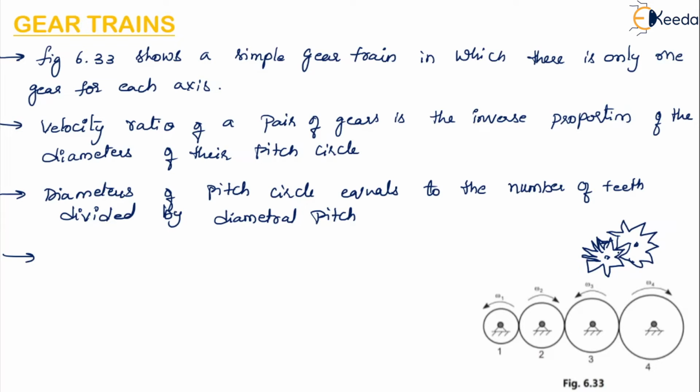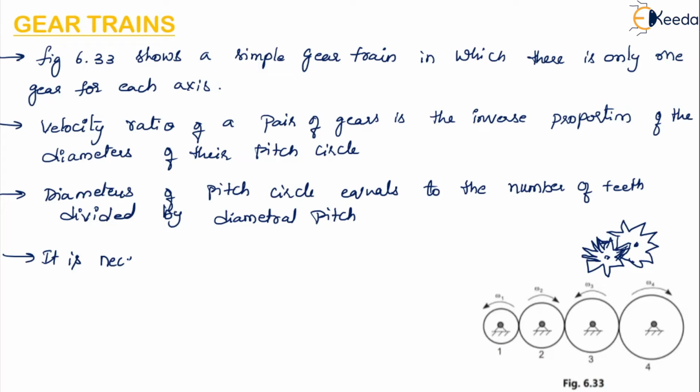So these two gears must have the same diametral pitch, otherwise they will not have correct meshing.